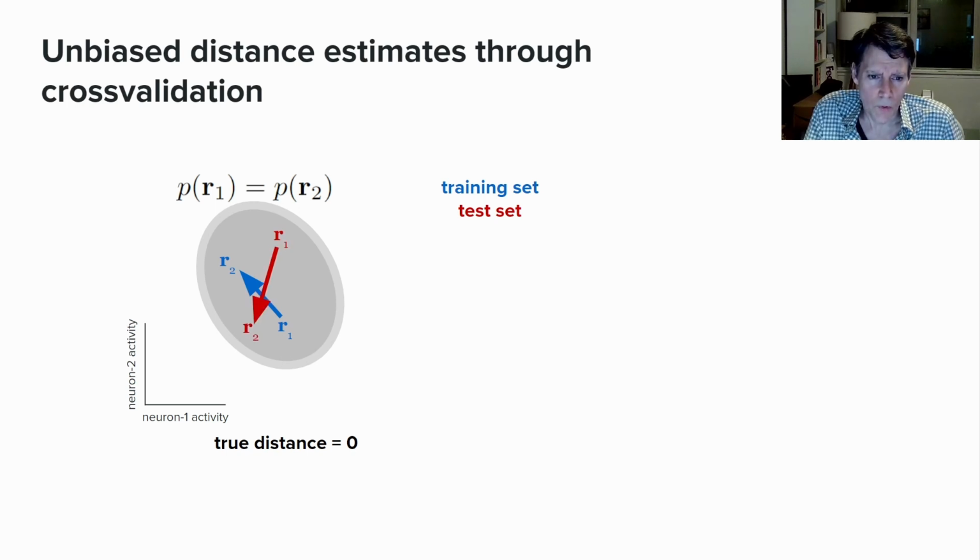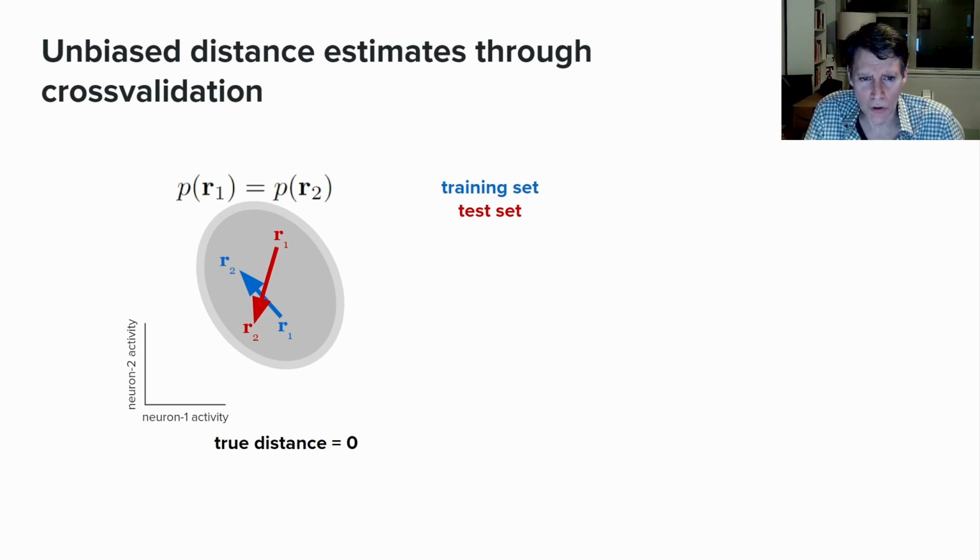And when we compute the cross-validated distance, we take the inner product between these two pattern difference vectors, and the expectation of that will be 0 because the two inner products that we get for these two different draws that are equally probable will cancel out in the expectation, right?